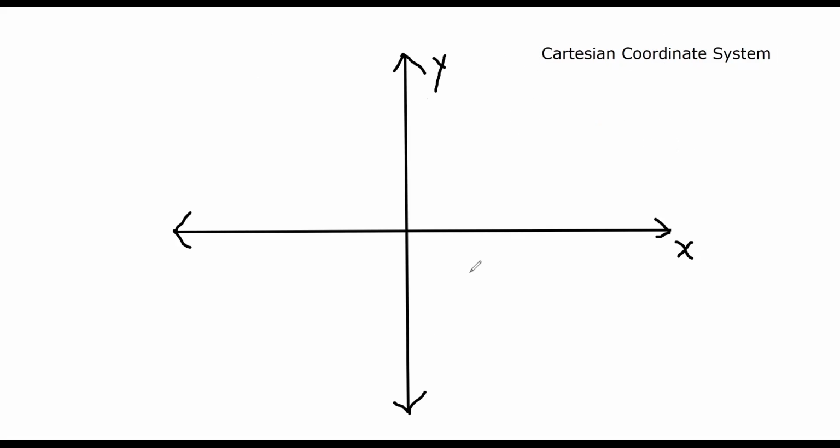Now what we'll do, we can put some fairly specific way markers along in each direction. Like so. And then we can start graphing points.